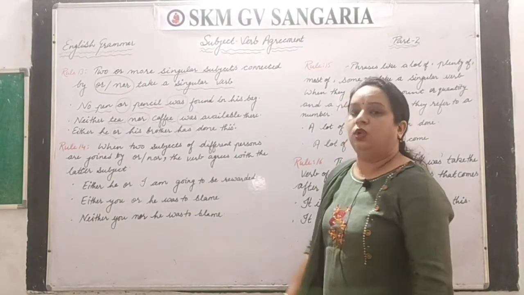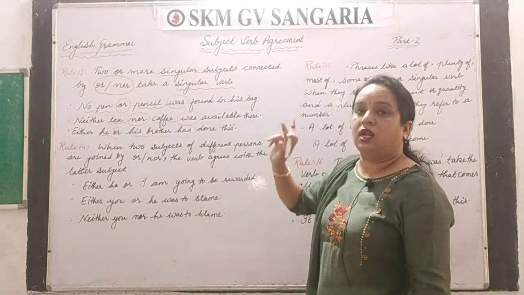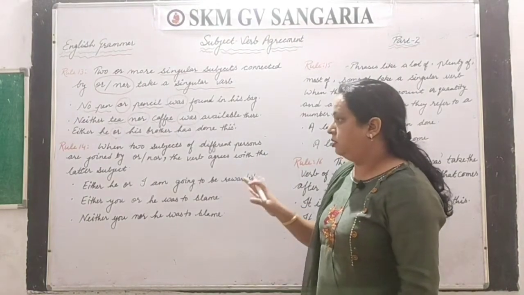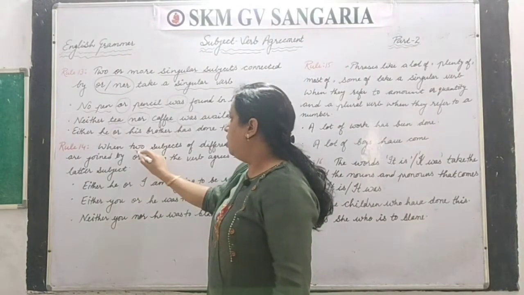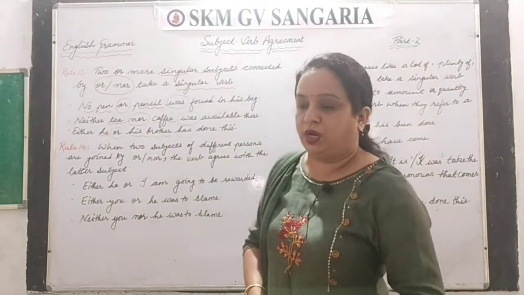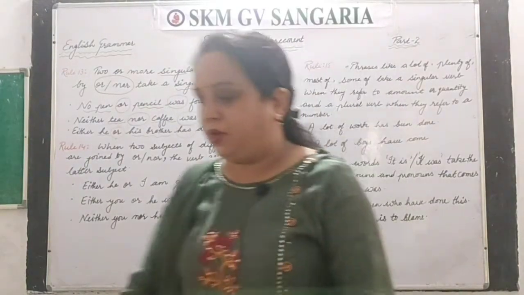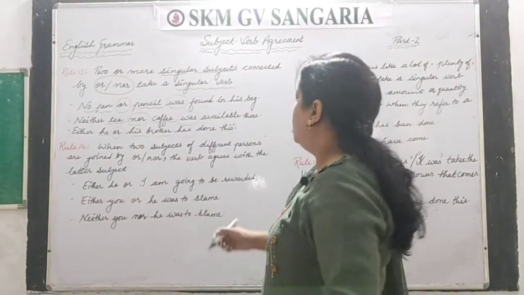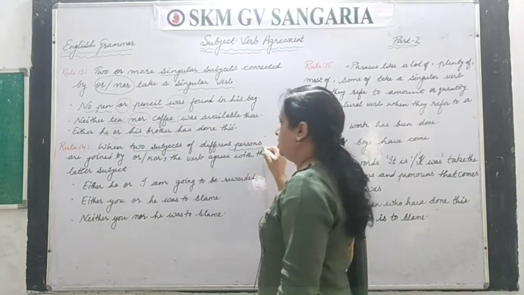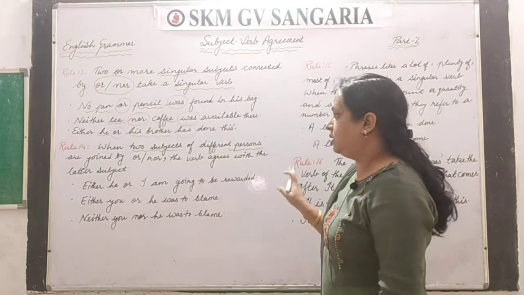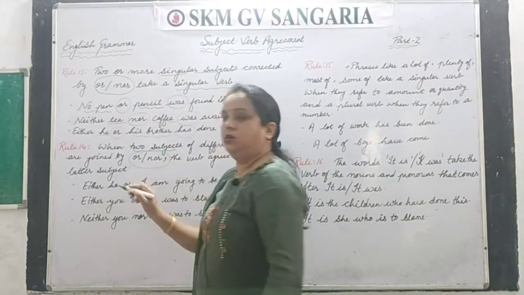Next one, rule number 14. It is also related to these words or, nor, neither and either. When two subjects, here also please take care, we are talking about two subjects here, when two subjects of different persons, like first person, second person, third person, right, are joined by the words or, nor.